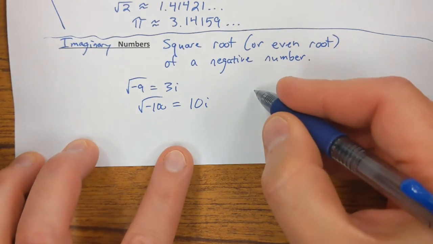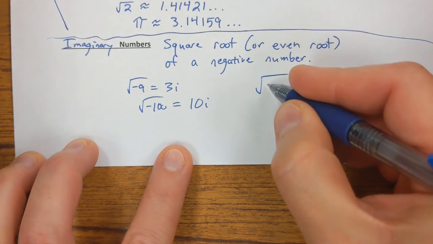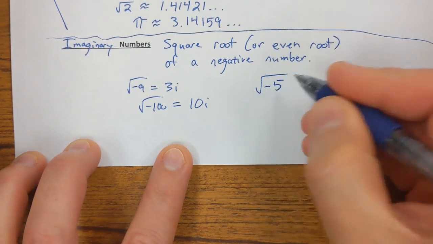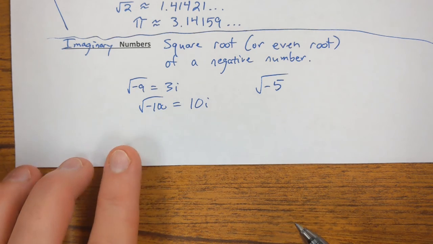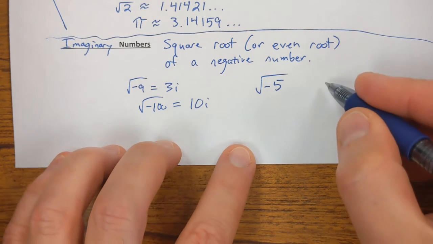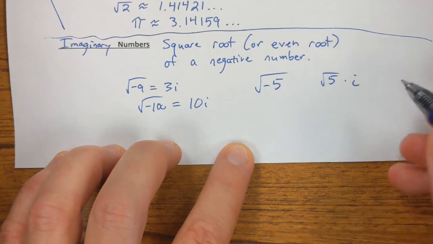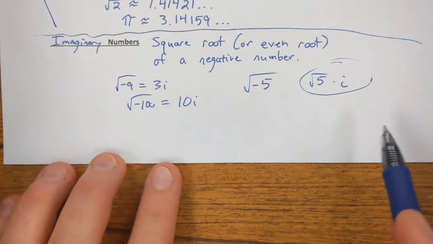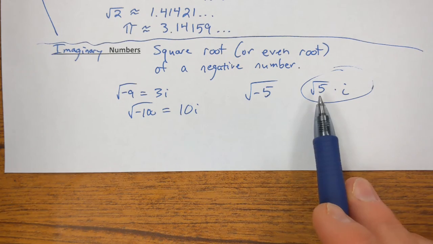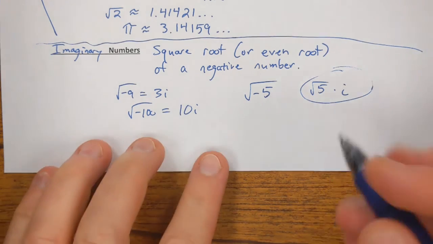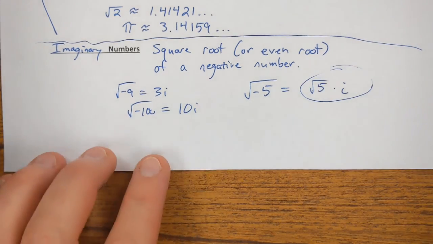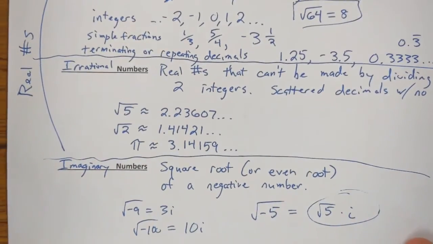You get the idea. Now you can even have an imaginary number that has like an irrational in it. So like the square root of negative 5, you could write as radical 5 times i. Imaginary numbers can be written as any real number times i, is essentially how you can write that. Okay, so there's all of your definitions.